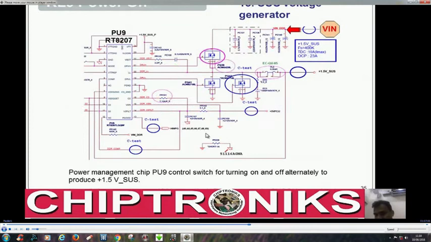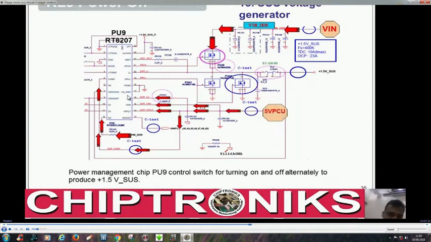So the first stage is the SUS voltage regulator, that is the 1.5 volt regulator. You can see Vin is coming over here, Vin DDR is coming, and this 5V PCU is already generated. So this is connected to the CS V5 in and V5 FLT, and a comparison, you see it has been connected to the comp pin of this regulator, to compare whether this 5V PCU is there or not.